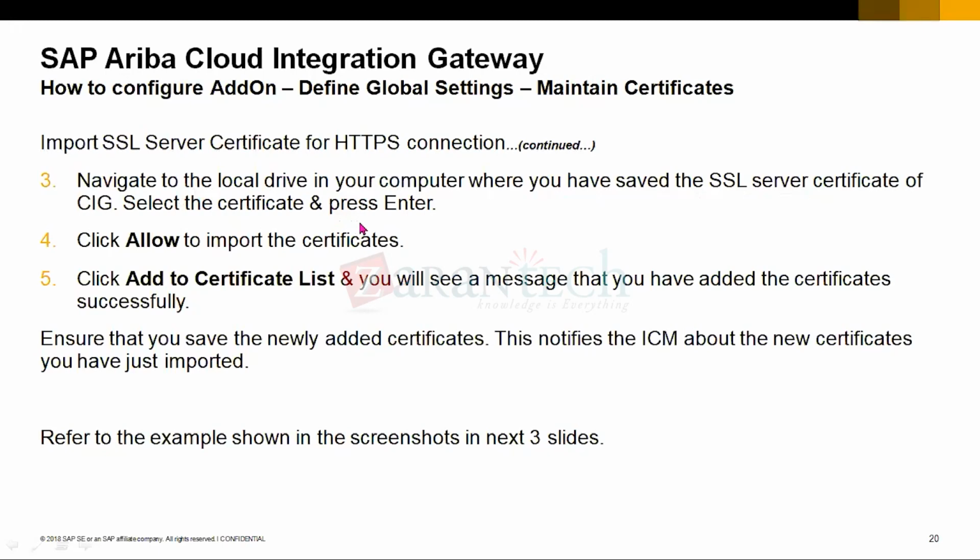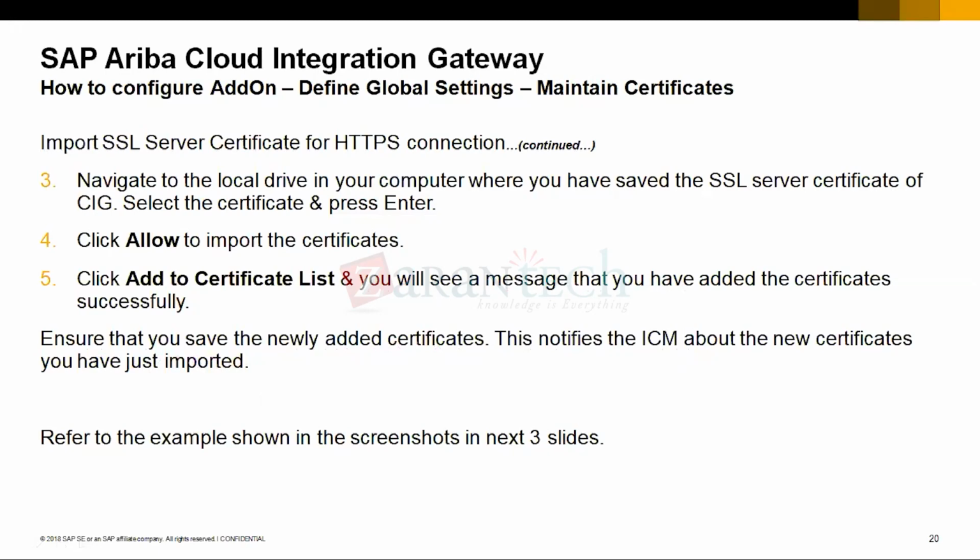So whatever certificate we have earlier downloaded from the CIG tool, wherever we have saved it, we have to pick it, select it, and allow it to import the certificate. Okay, so once you do that, click add to certificate list and you will see a message that you have added the certificate successfully. And ensure that you save the newly added certificate. This notifies the ICM about the new certificate you have just imported.